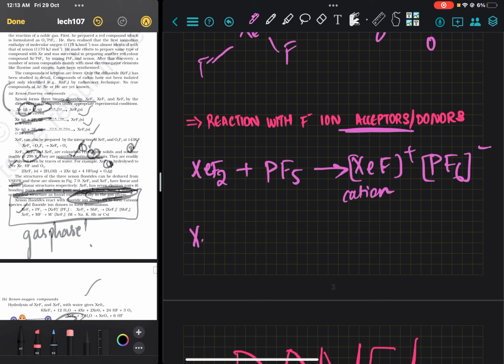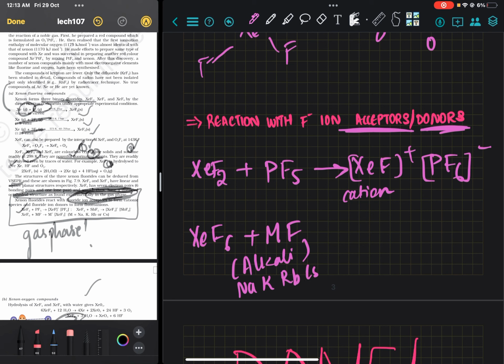But if your xenon fluoride reacts with a fluoride ion donor, so for example a metal fluoride, the metal can be any alkali metal, which is sodium, potassium, rubidium, cesium, as given here, then you'll get a fluoroanion, which is XeF7- and the metal ion.